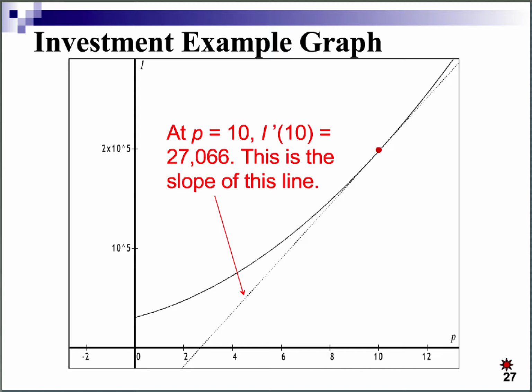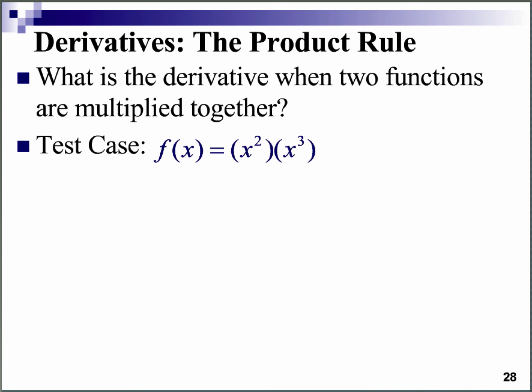And what this derivative tells me is that when p is equal to 10, the slope of this line is $27,066. And of course the units are dollars of first year income per additional 1% rate of return on the investment.